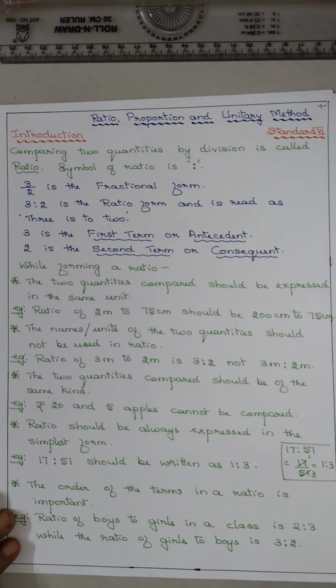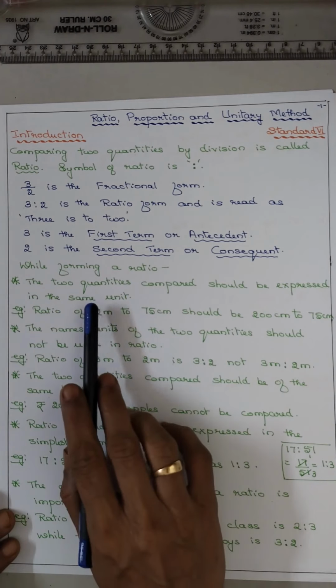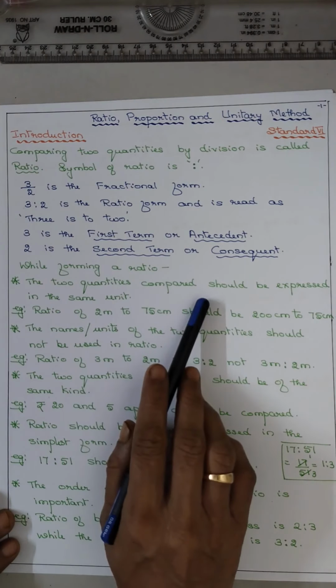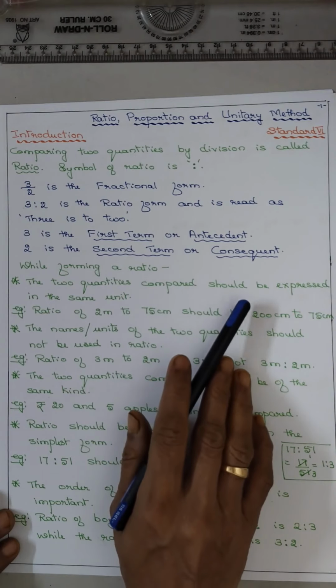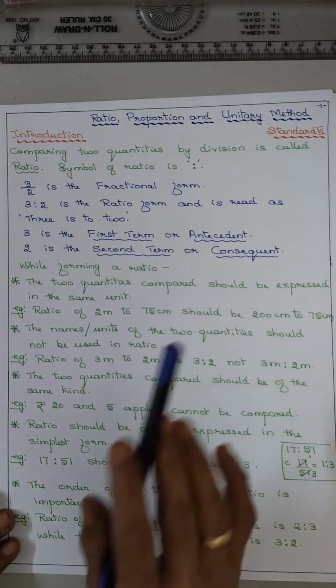Hope you understood all the points while writing the ratio. सबको समझ में आया होगा. सबसे पहले दोनों क्वांटिटीज सेम यूनिट में लिखने का है.